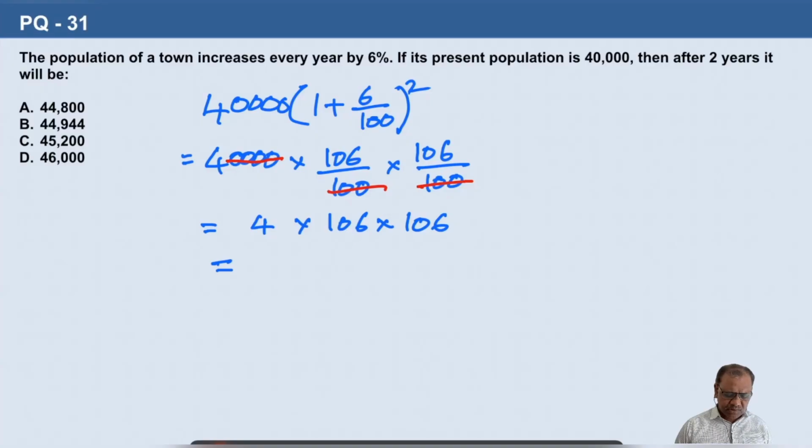Again 4 into 6, 24. The units digit is again 4. Which option has 4 in the units digit? Option B. So that will be the right answer. If you had one more option with 4 as the units digit, we should have multiplied fully. 44,944. So this is the population after 2 years. Option B is the right answer.